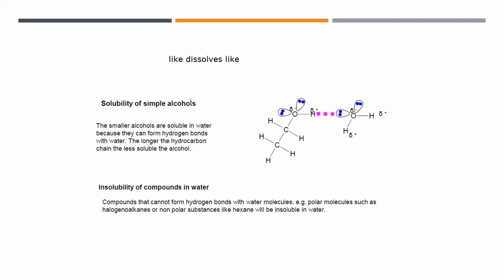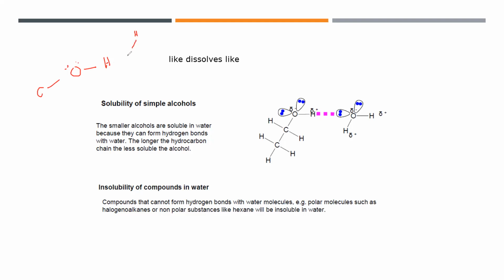As an example, take alcohol. Alcohol means that the OH group is there. The carbon chain will be there, but there is an OH group, and there is a lone pair on oxygen. We are checking the solubility in water. Why are alcohols water soluble, or why can they dissolve in water?